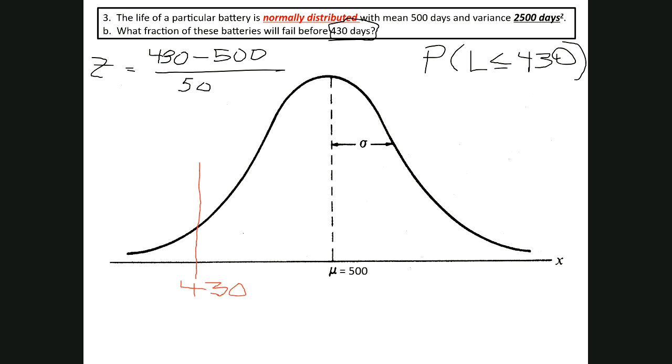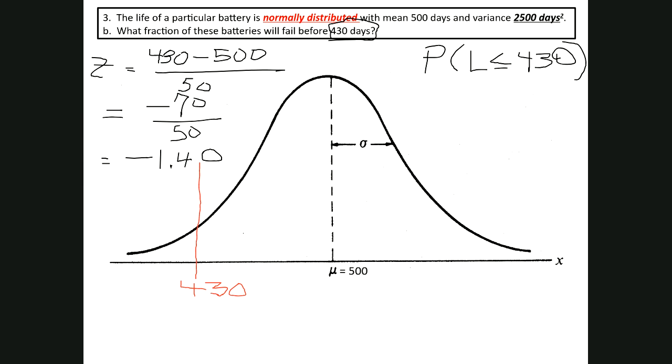If we do the arithmetic, the numerator is going to be minus 70 divided by 50. And it needs to be minus because this is left of the mean. And this is going to be a Z value of negative 1.40.